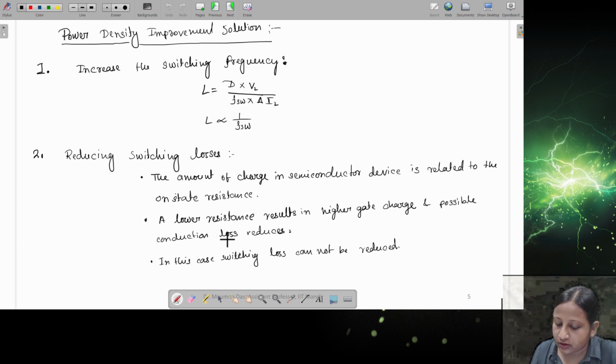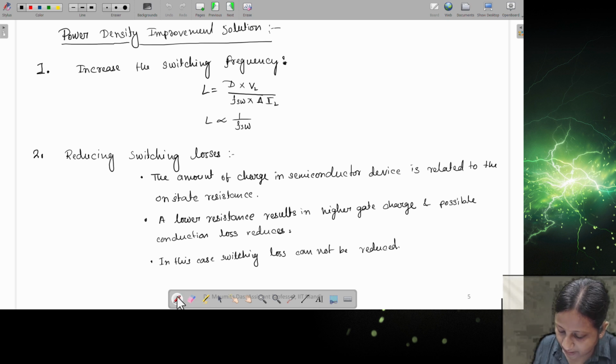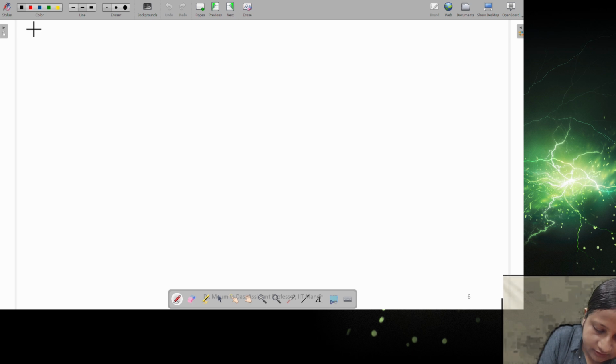So if resistance reduces, then conduction loss will reduce, but the charge related loss will increase. And if charge related loss is increasing, then the switching loss will increase. Then reduction in the switching loss is not possible, but conduction loss in the switch can be reduced this way. So then what do we have to do? We have to consider reduction in charge related losses.